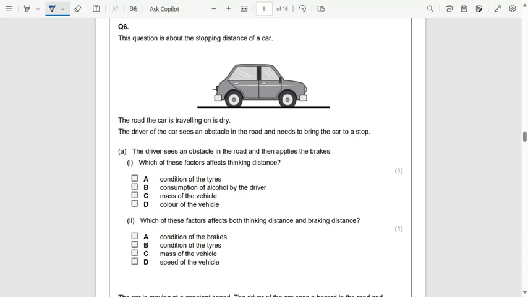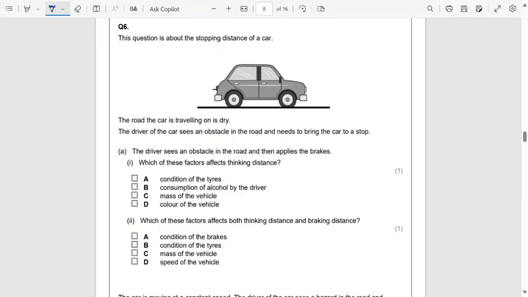Okay, let's try again. So the road the car is travelling on is dry. The driver of the car sees an obstacle in the road and needs to bring the car to a stop. When the driver sees the obstacle, they apply the brakes. Which of these factors affects thinking distance?